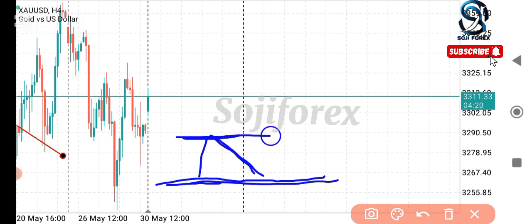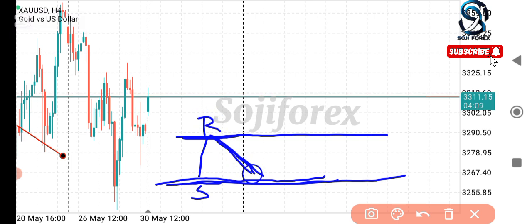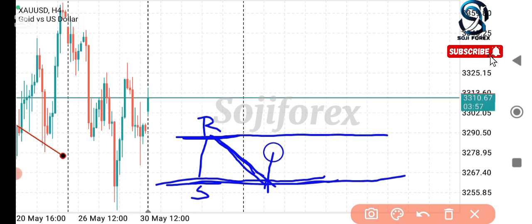So automatically price has given us, here is our support, here is our resistance. So again, when price comes back to this support zone, we are expecting that buyers should react in this zone by taking price from this zone back to the next resistance zone.